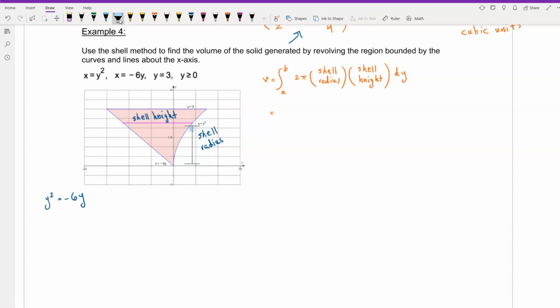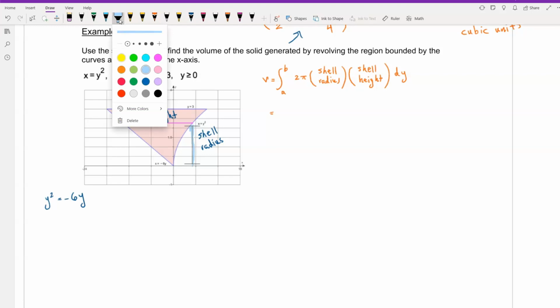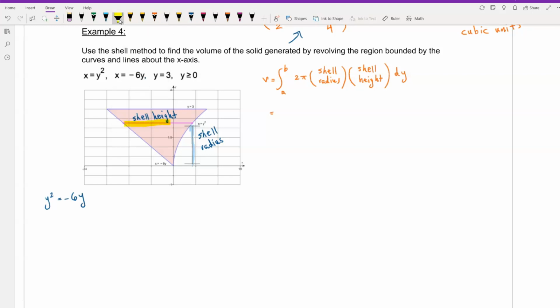So based on this black line, the expression that defines the shell radius is y. And the shell height is bounded to the left by the curve x equal to negative 6y, and bounded to the right by the curve x equal to y squared.